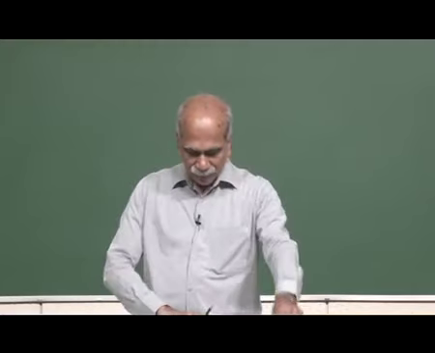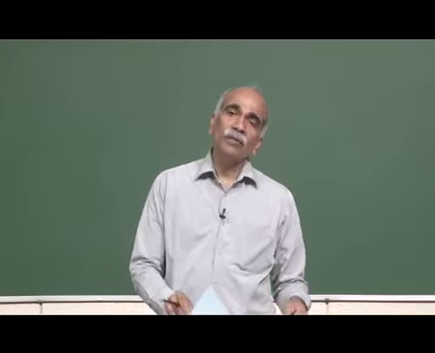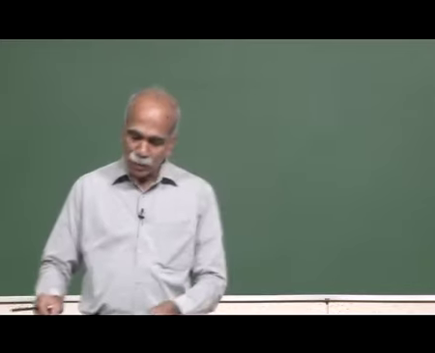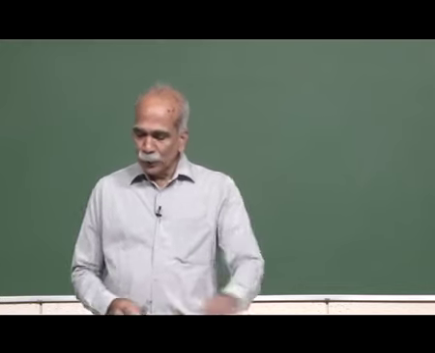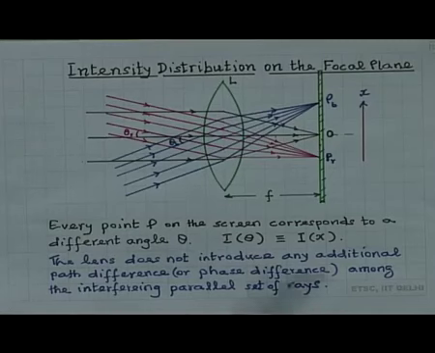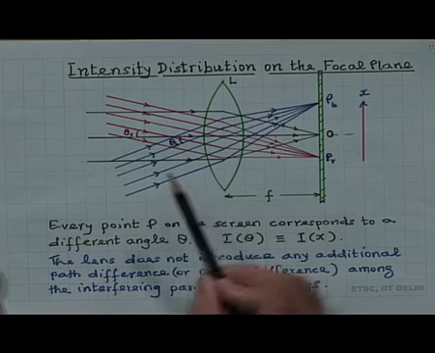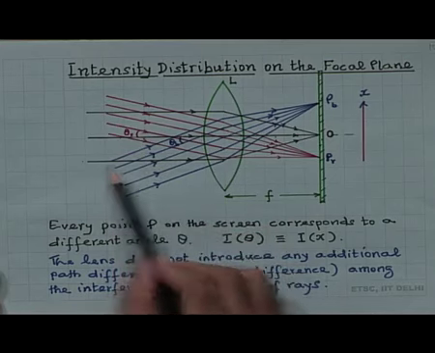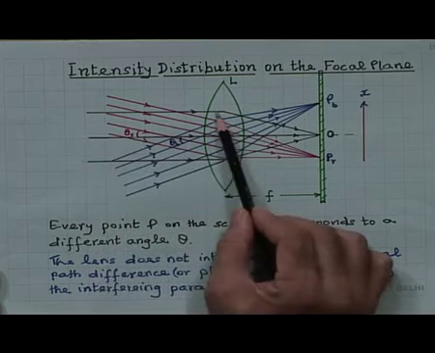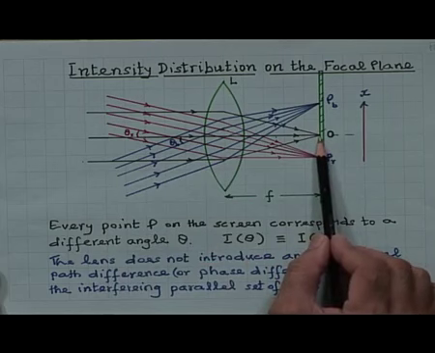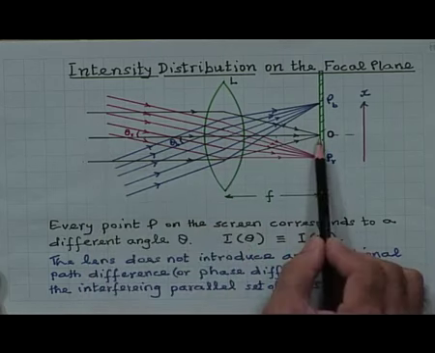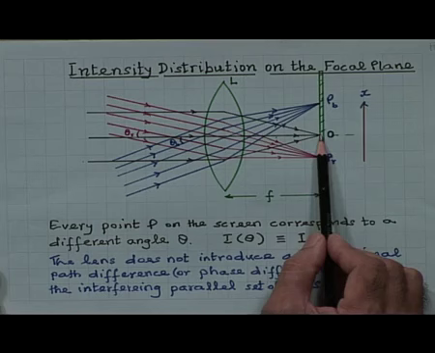So, now let us see the intensity distribution on the focal plane here. I just showed you rays coming at 3 different angles. So, I have drawn a clearer diagram here, simultaneously showing all the rays. Parallel rays here in black color reach the point O. This is our familiar focusing, the parallel rays focused onto the point O along the axis.